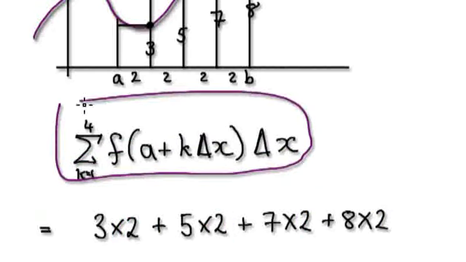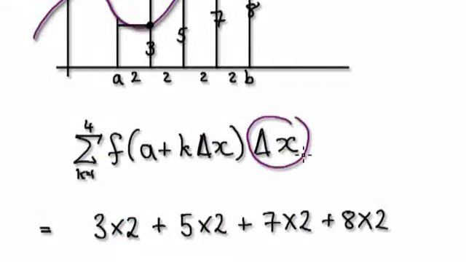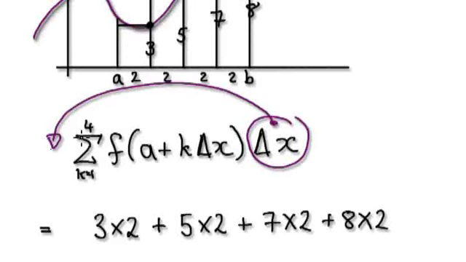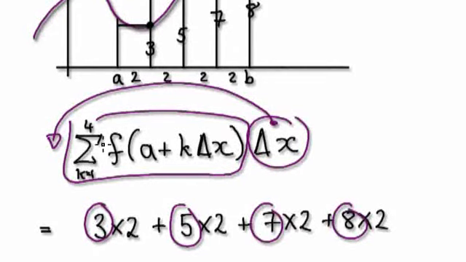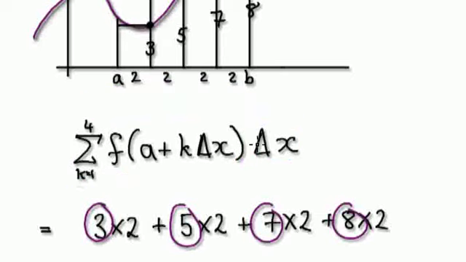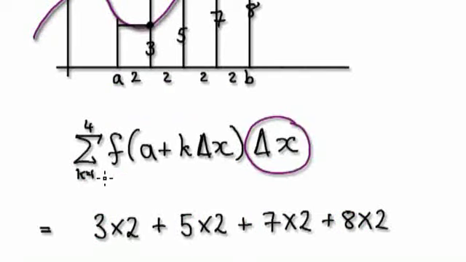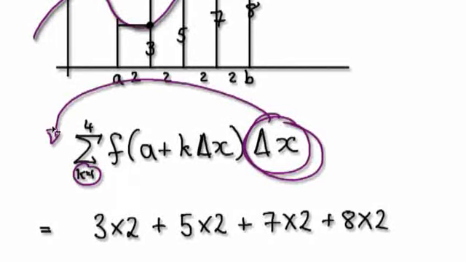It's just a constant. You can take it out and concentrate on summing up all these here, and once you've summed them all up, you just multiply by 2. The point is that delta x is a constant, because it's the k that's always changing. So because it's a constant, you can take it out here.